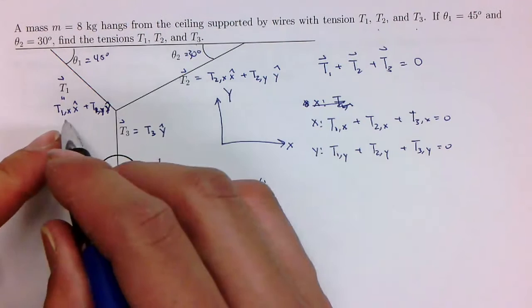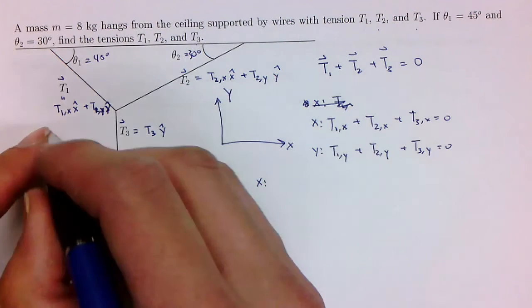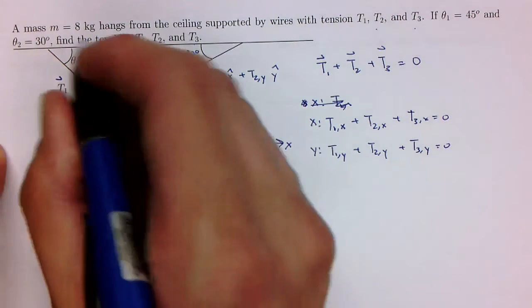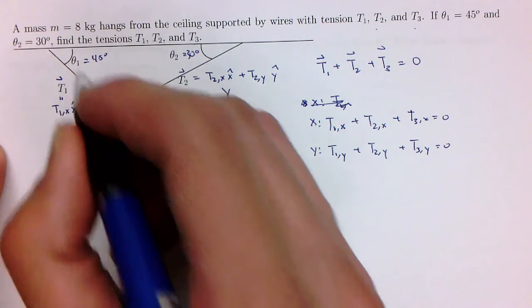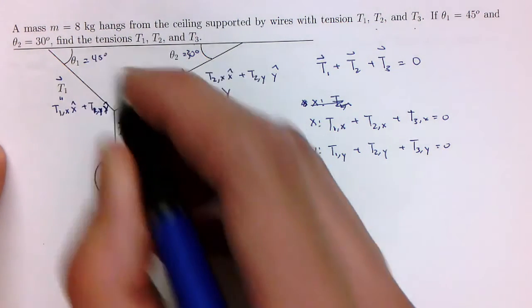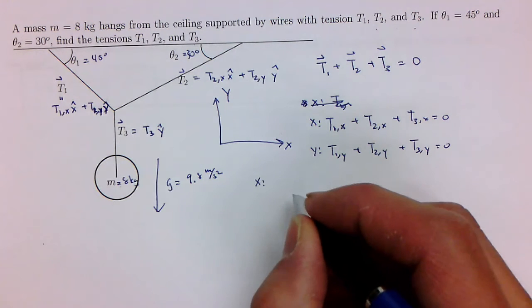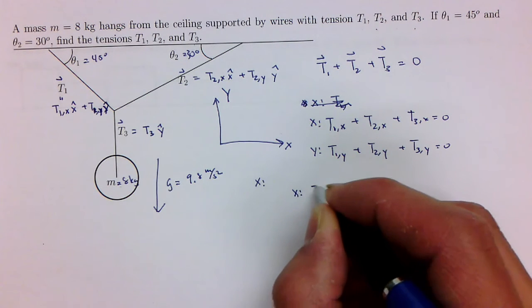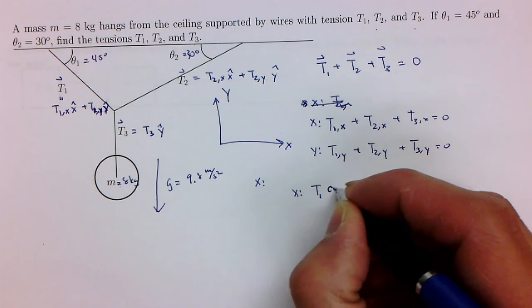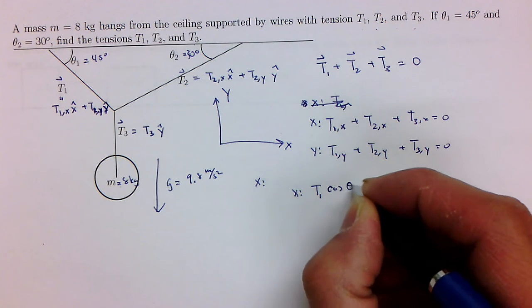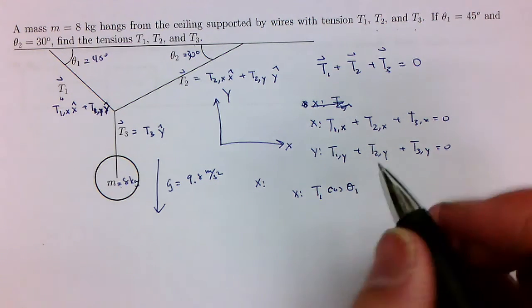T1 along the x direction, what is that? That's going to be the tension along the x direction of theta 1, which is going to be cosine of theta 1. So T1 of x is the magnitude T1 cosine of theta 1. Now let's look at the sign very carefully.